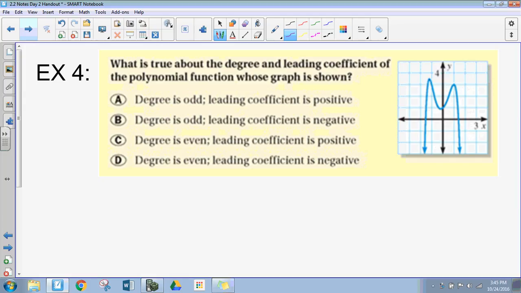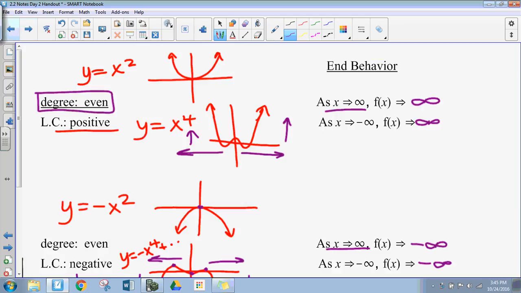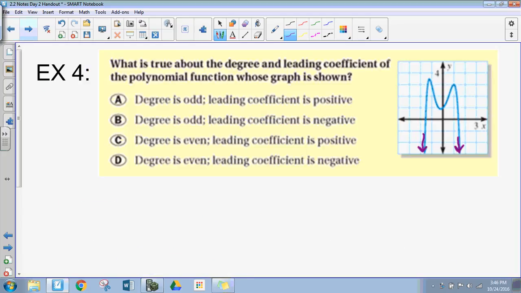First, our end behavior, they're going in the same direction. Look back at the last page, which degree had them going in the same direction. If you look back there, you'll notice that the even degree had your end behavior going in the same direction. So we know the degree has to be even.